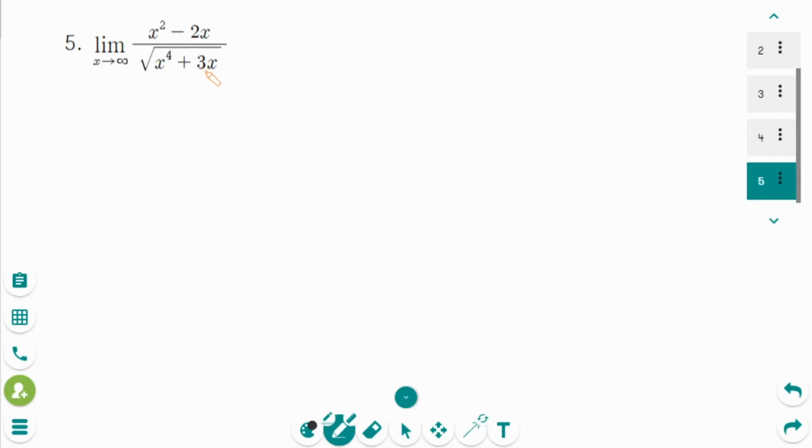The highest power of x in the denominator is square root of x to the power of 4, or x squared. So divide each side by x squared, like this. And then expand.